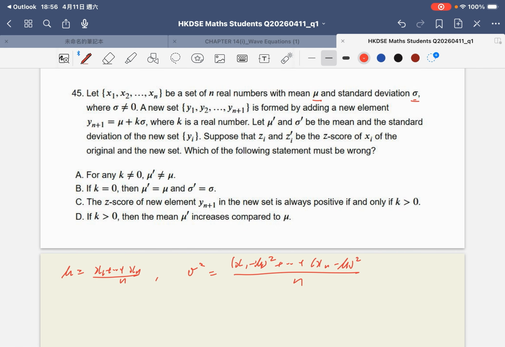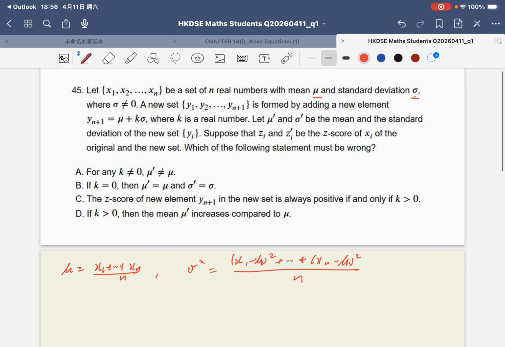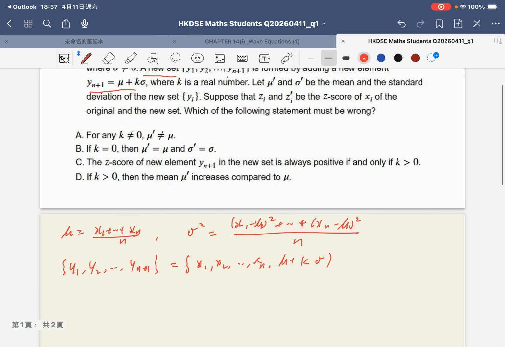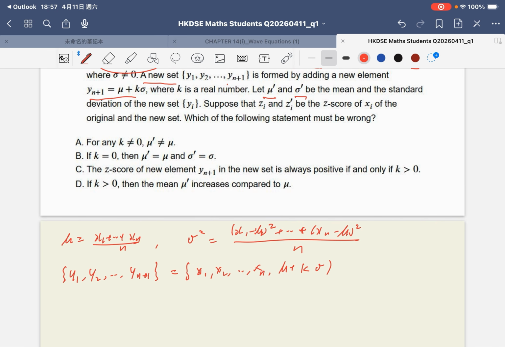Okay, that is the information for the set. A new set y1 to yn plus 1 is formed by adding a new element to this set. It means that y1, y2 to yn should be x1, x2, to xn. Then add one more, that is mu plus k sigma, and denote the mean and SD of the new set as mu pi and sigma pi.